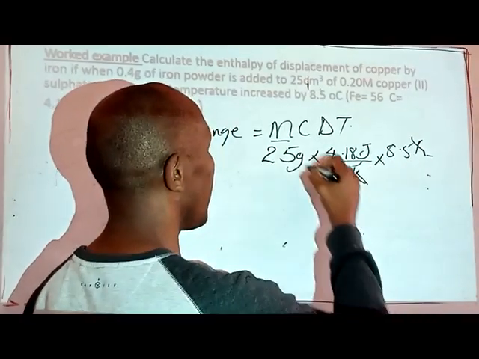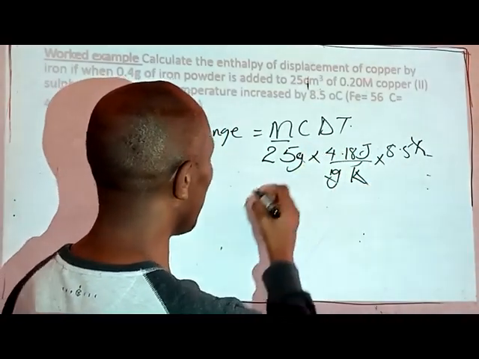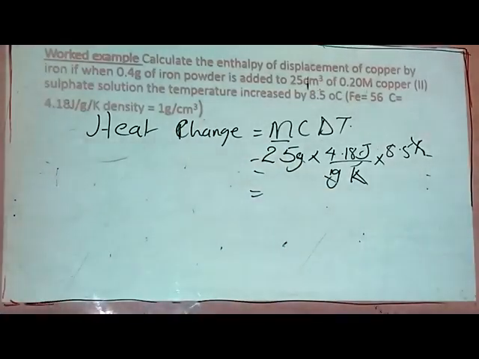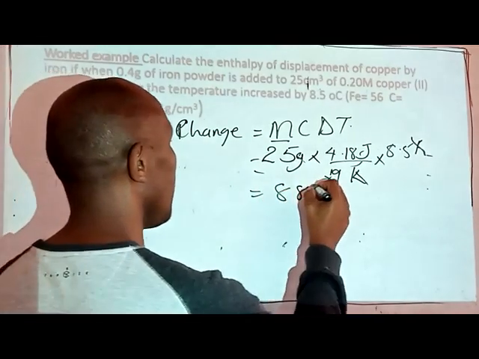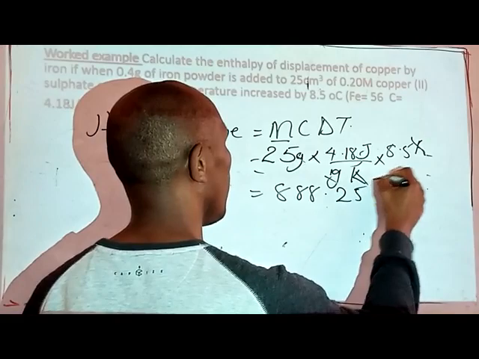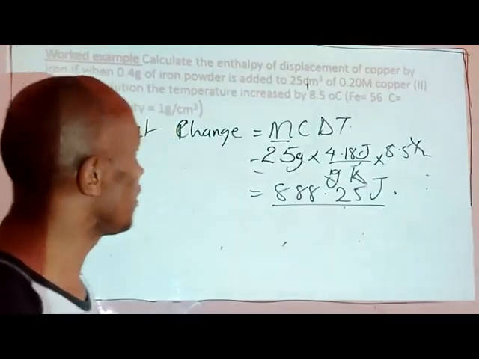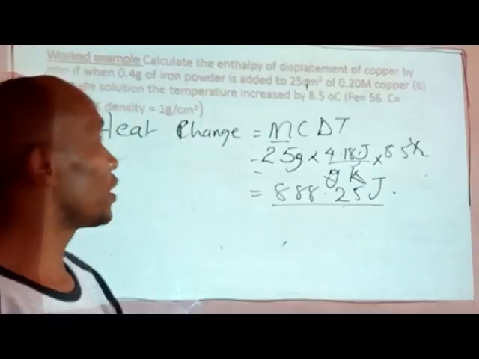So the K and K cancel, the g and g cancel, and this gives me a value of 888.25 joules. That amount of heat is what is produced during that reaction.